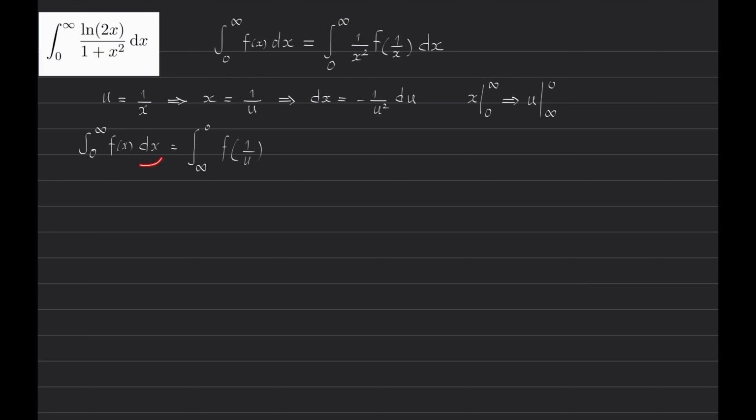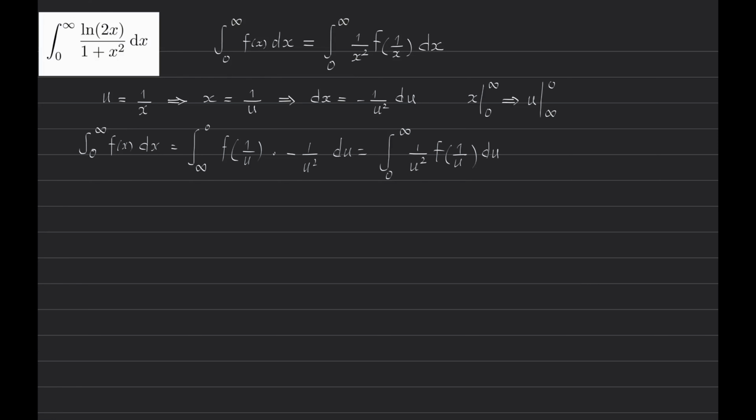And instead of dx, I replace it with minus 1 over u squared du. Then I use this minus sign to flip these two limits, so it becomes the integral from 0 to infinity. I would write 1 over u squared first, and then I will have f of 1 over u du. Okay?